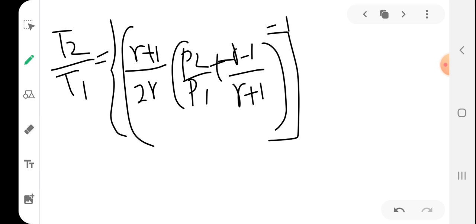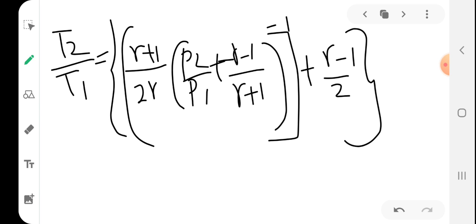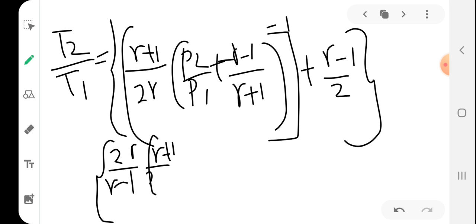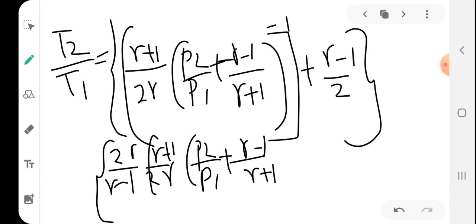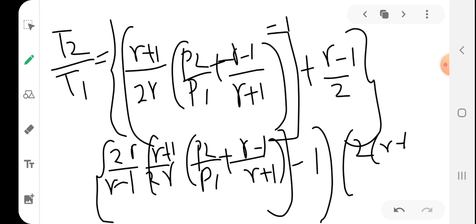So you will get whole raised to minus 1 plus gamma minus 1 by 2. Okay, so first term is done. Second term will be like 2 gamma by gamma minus 1 into M1 square. M1 square is gamma plus 1 by 2 gamma P2 by P1 plus gamma minus 1 by gamma plus 1, okay, minus 1, into 2 gamma minus 1 by gamma plus 1 whole square.